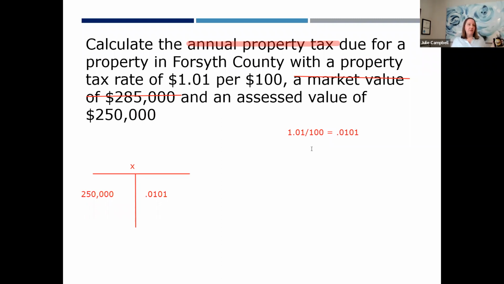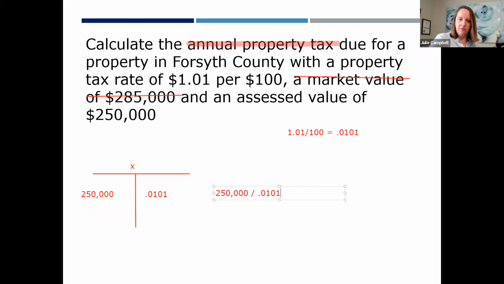So I've completed my T-bar. What does the vertical line mean? What does the up-down line mean? The up-down line on the T-bar tells me I need to multiply. So on our not smart calculators, we're going to take 250,000 and divide it by 0.0101.